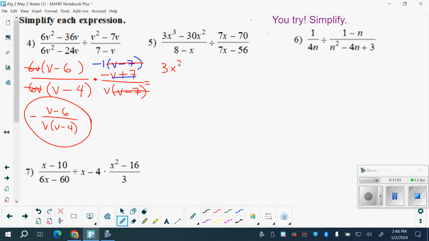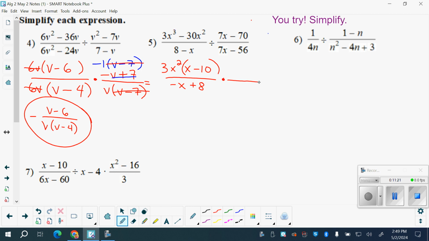Good. So 3x squared times. Good. And then I'm going to rewrite this 8 minus x, negative x plus 8, and then change it to times, and then take the reciprocal there.